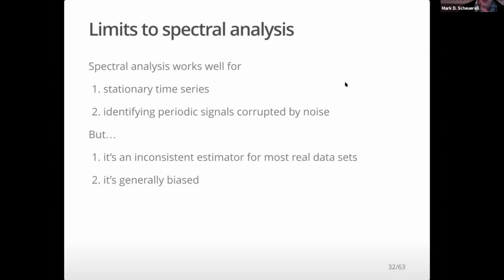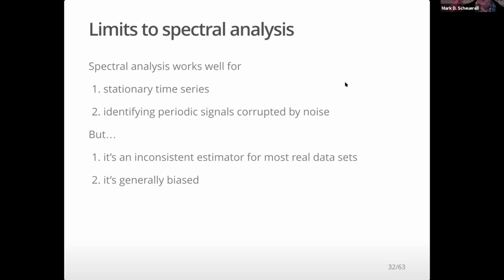Spectral analysis suffers, though, when dealing with most real-world data, especially in environmental sciences where we have a lot of gappy data. And in general, it tends to be biased. So for a lot of the systems that you all and I would work with, spectral analysis is only going to get you so far.